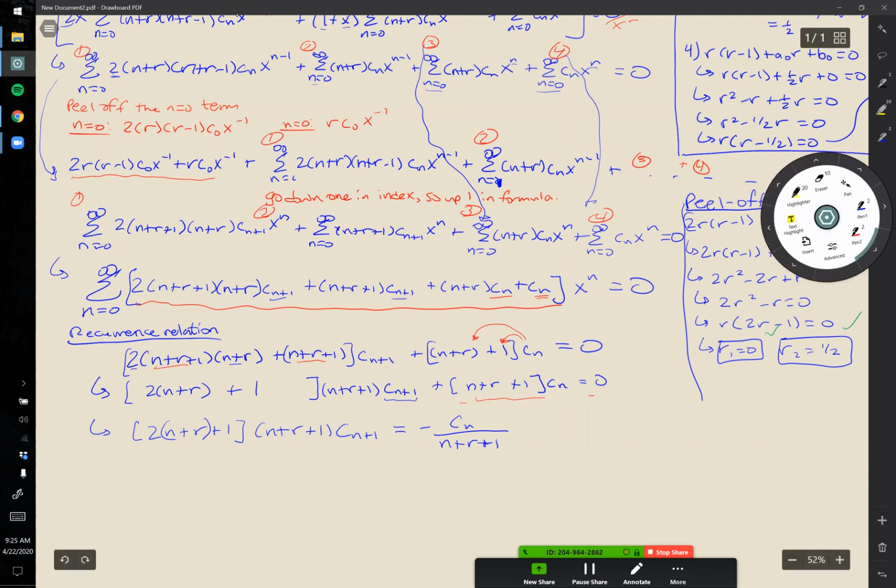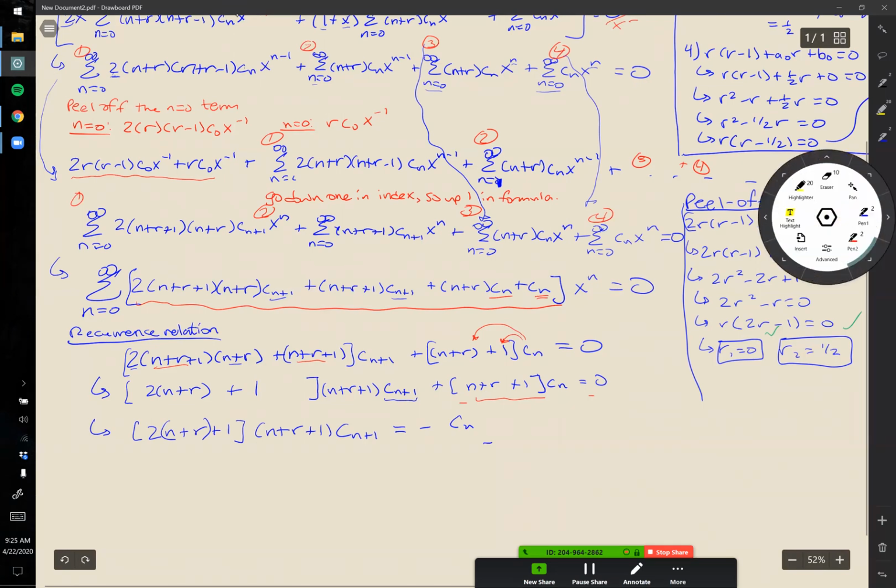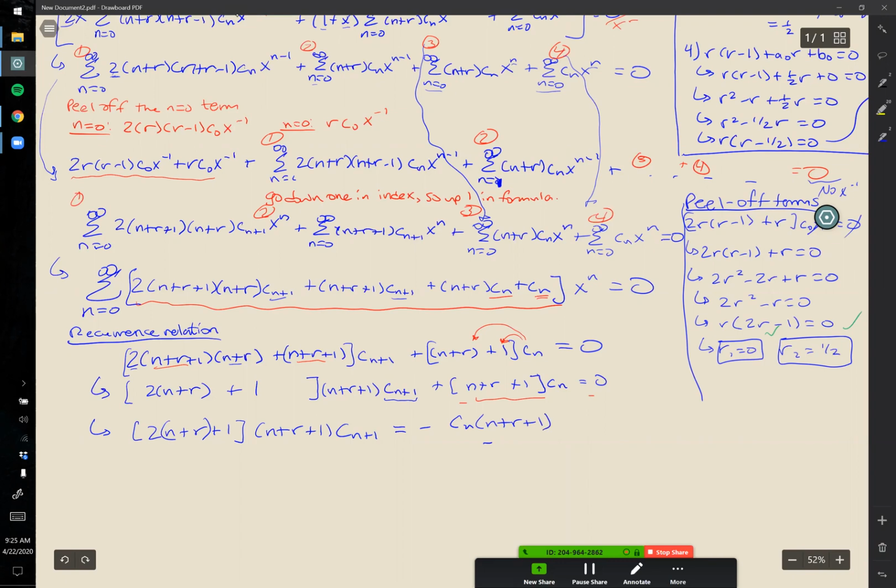Now you can see why hopefully the algebra I did helped, because, not divided, oh it's crazy, crazy town, this is just times n plus r plus 1. Hopefully you can see why I did all that work, because you can see that this is just going to cancel out with that, which is great. And then I could divide by this as well. And so you get Cn plus 1 is equal to negative Cn all over 2 times n plus r plus 1, like that.